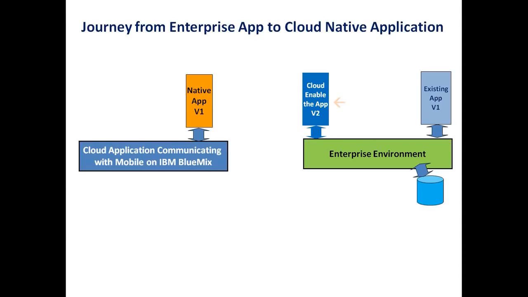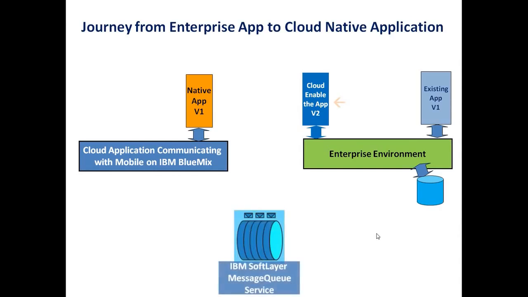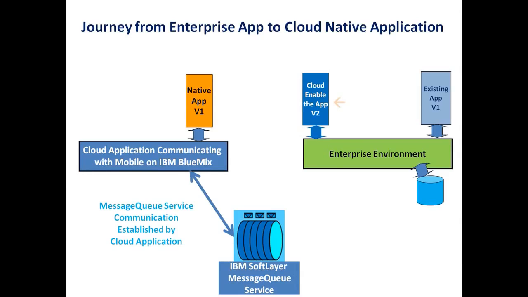What we also need to do is stand up an initial version of a native app on Bluemix, on the cloud. What this allows is that we need to be able to talk to the IBM software message queue service. This is where the message is produced and saved.